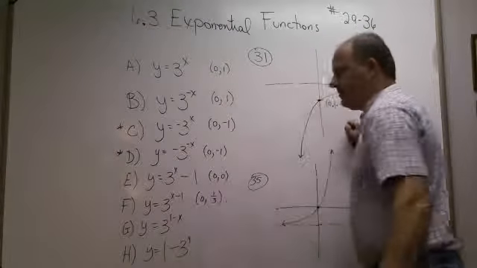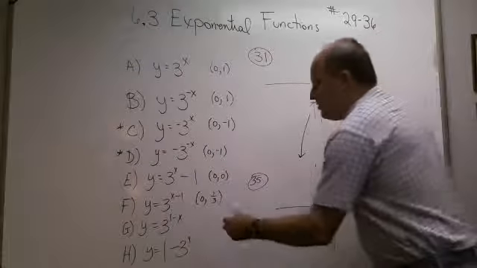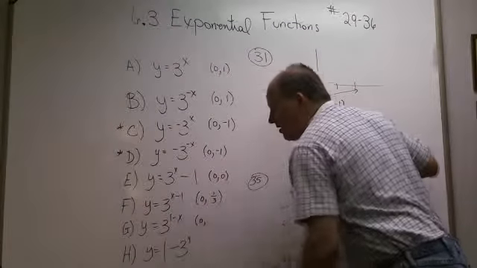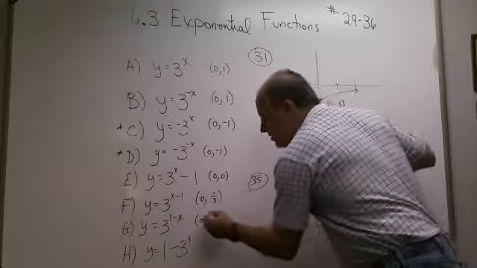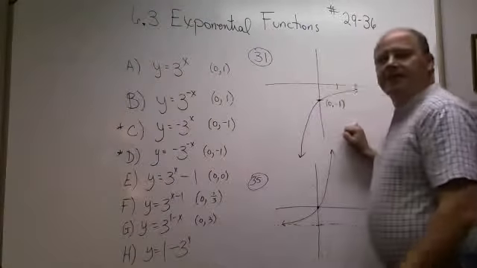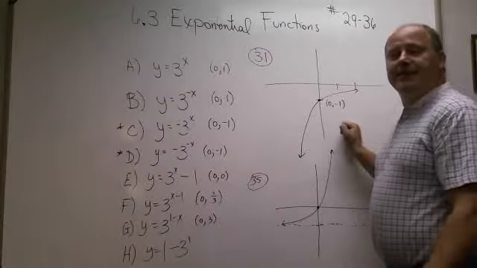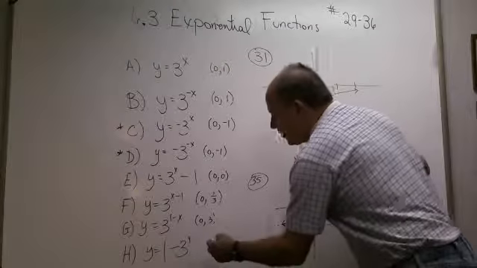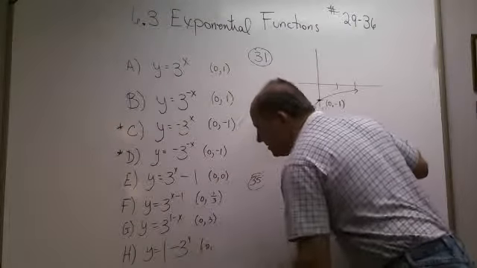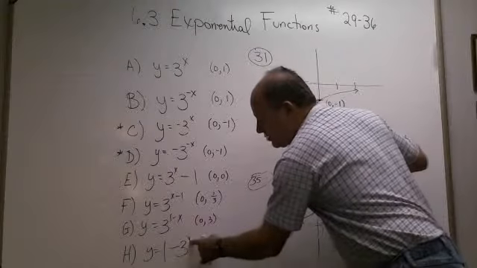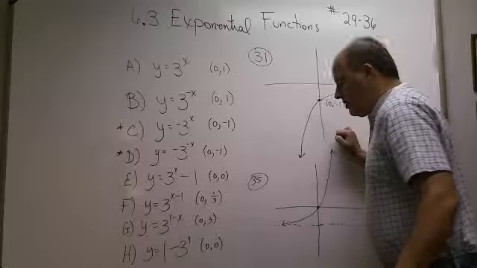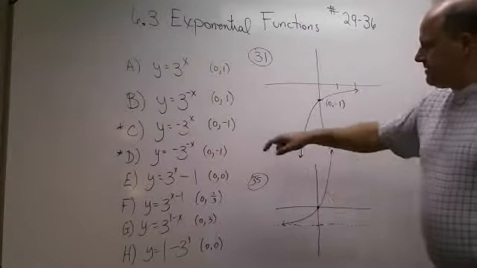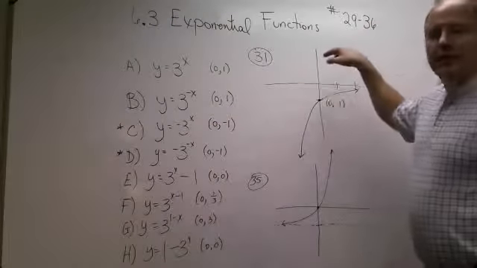So that's not it either. Put 0 into this one: 1 minus 0 is 1, and 3 to the 1 is 3. That's not it. So it's looking like C and D are the two possibilities. Let's try this one just to make sure. 3 to the 0 is 1, and then 1 minus that 1 is 0. So the choices I have for 31 are C or D.